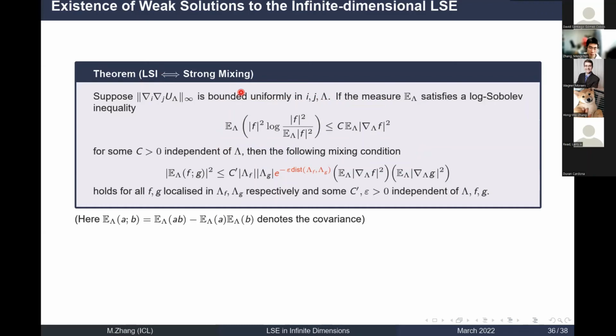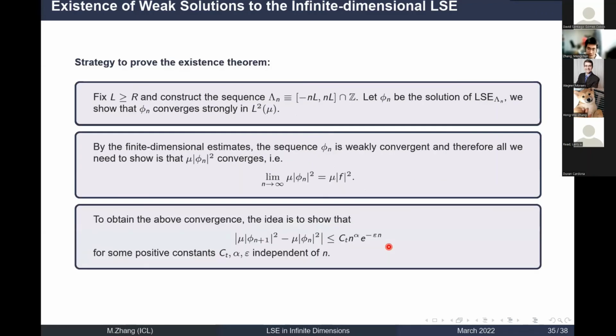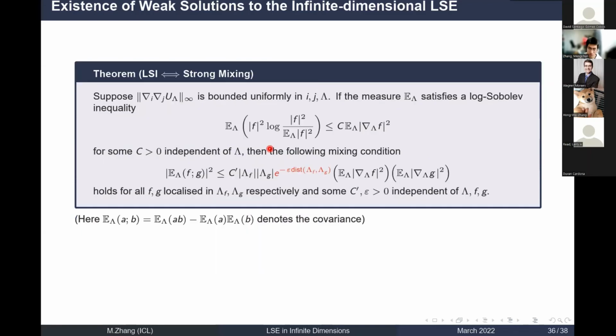And by quite a famous result, this uniform log Sobolev inequality implies a strong mixing condition, which is something like this one. There's quite a lot going on, but all we need to focus on is this exponential factor here, because recall that all we need is this e to minus n. So we use this factor to deduce the sequence is Cauchy.